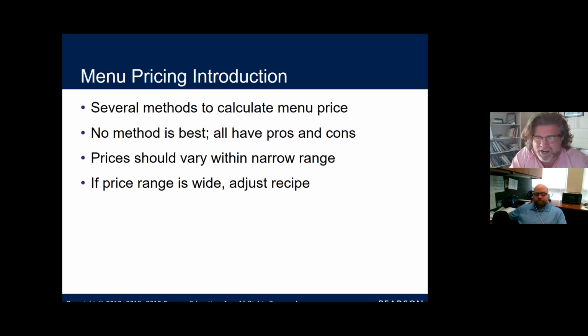So you have a $1 appetizer and a $7 appetizer. What we do is adjust the prices so that they fall within a narrower range. The breadsticks become like $4.50 and maybe the chicken wings become $6.50 or something like that. And if we have to, we adjust the recipe to get things where they should be.